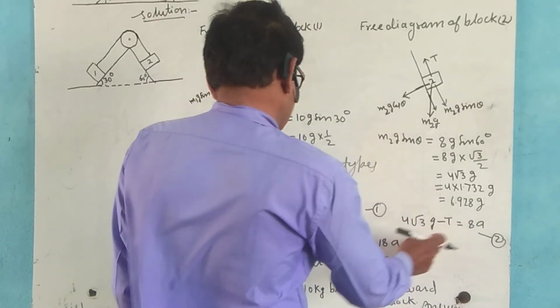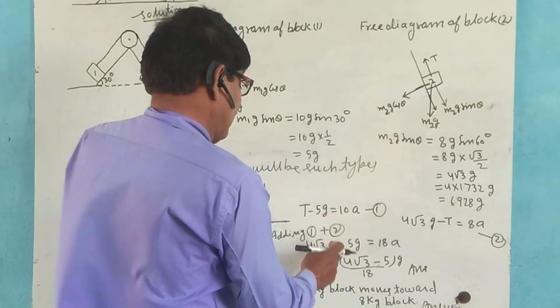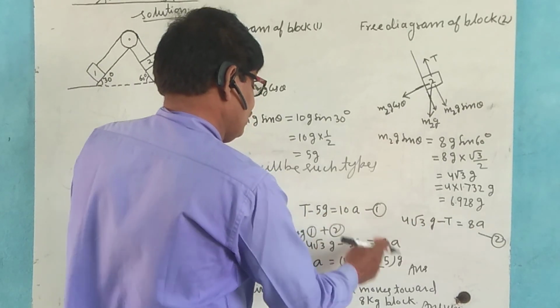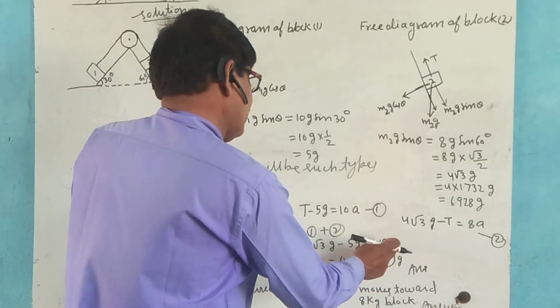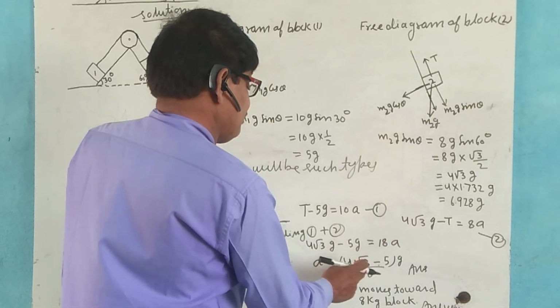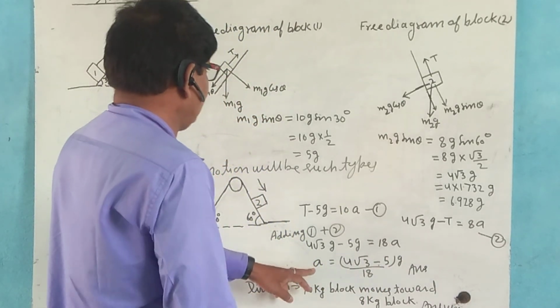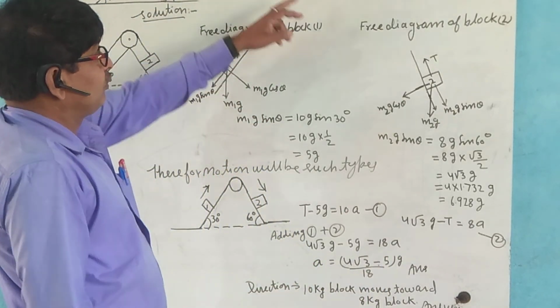Adding 1 and 2, this is 4√3g minus 5g, T cancels, so that 18, so that a is equal to (4√3 minus 5) g by 18. This is the acceleration. Find out the acceleration.